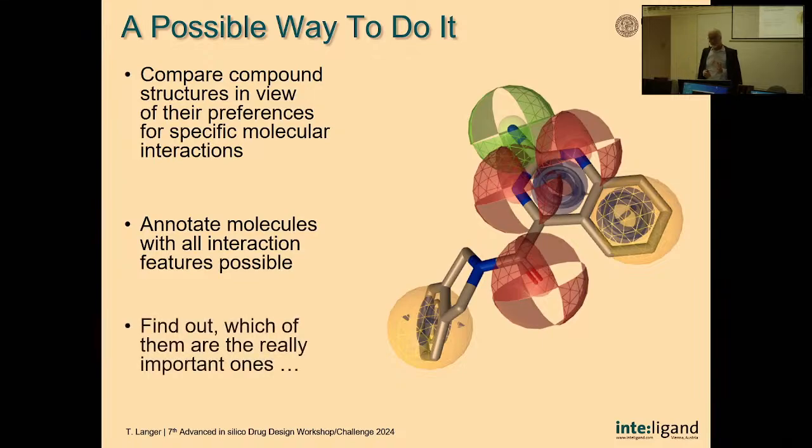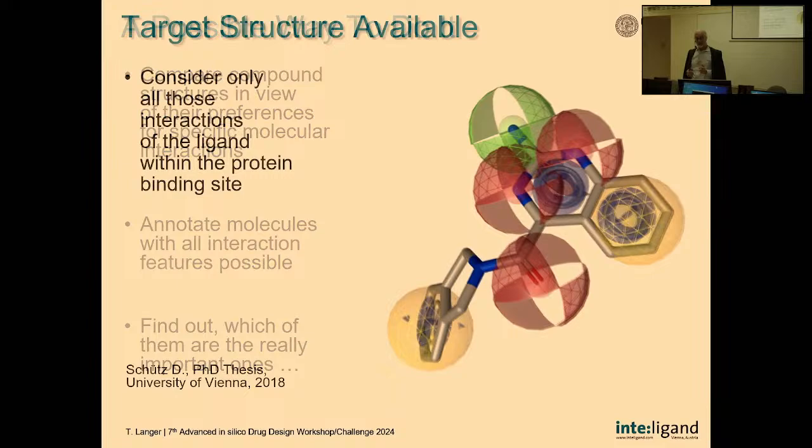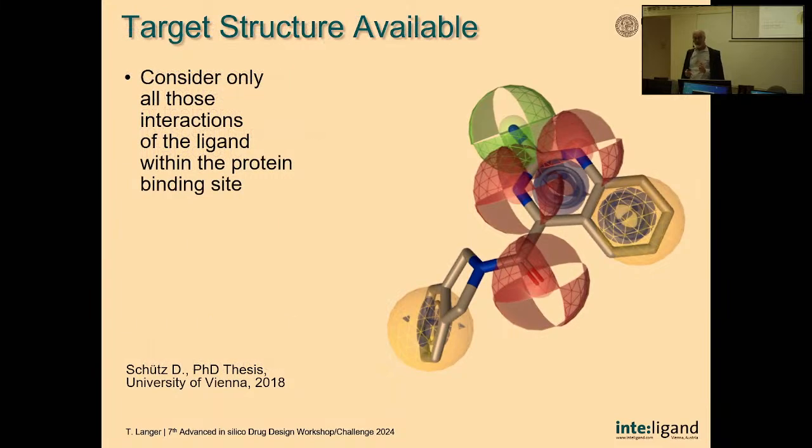If not, of course, you need to find out which of them are really the important ones. And you can do this both in a ligand-based approach and in a structure-based approach. For instance, if you have a structure of a ligand in your protein, you can consider only those interactions of the ligand with the protein binding site.